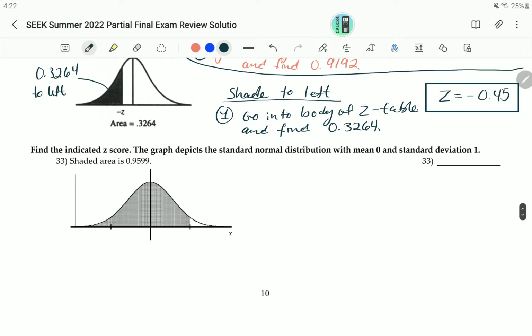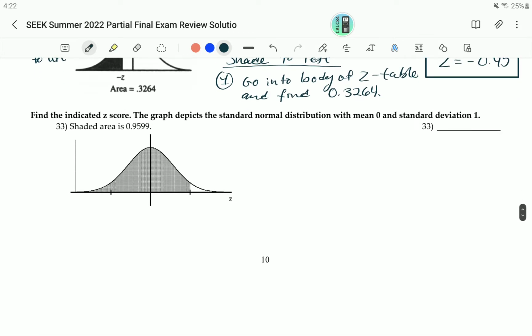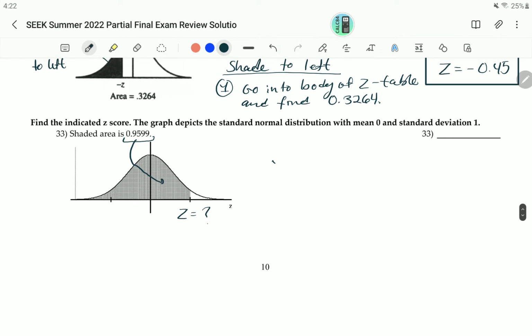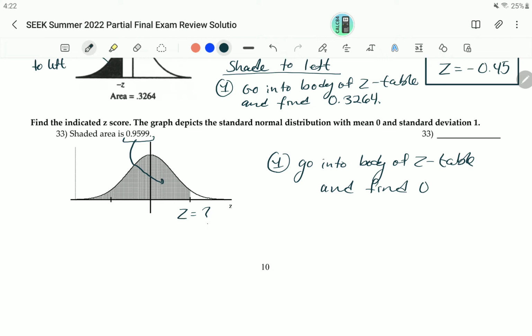All right, 33. The shaded area is 0.9599. So this right here is the shaded area. And we want to find what the z-score is going to be. So once again, this is shaded to the left. When it's shaded to the left, you want to go into the body of the z table and find 0.9599.